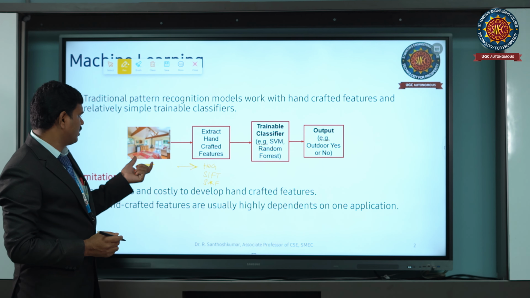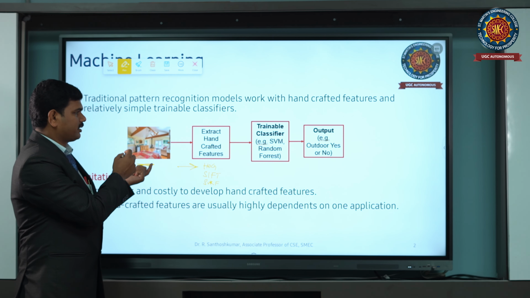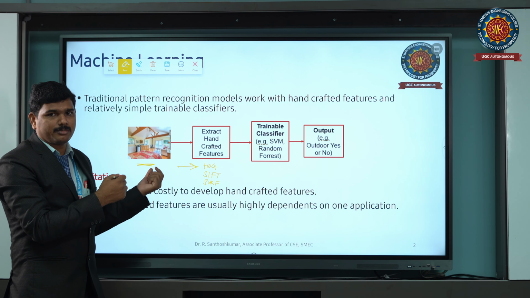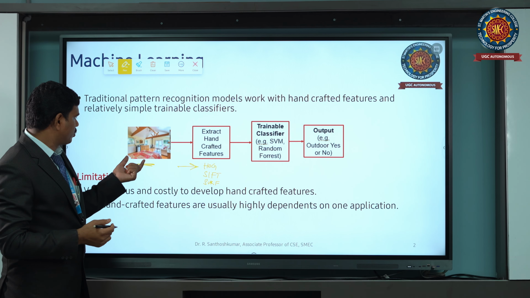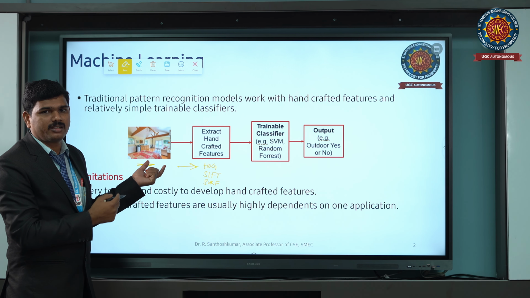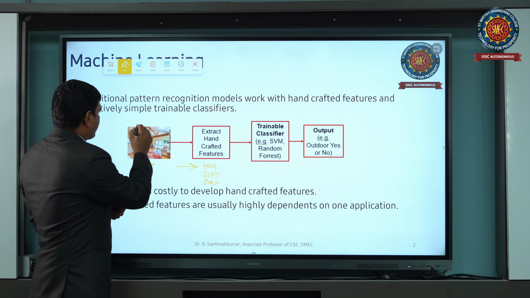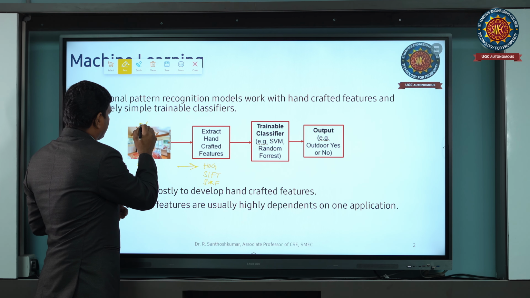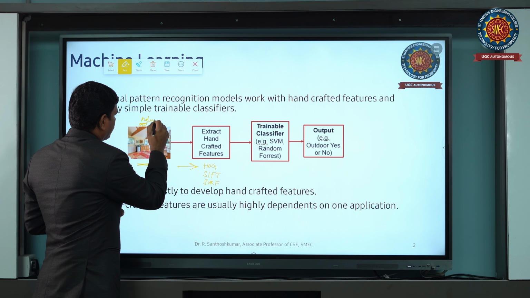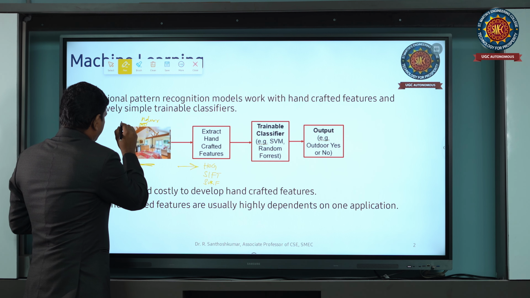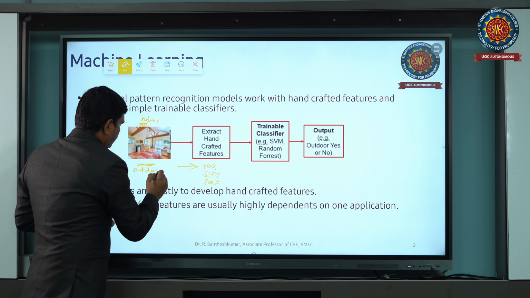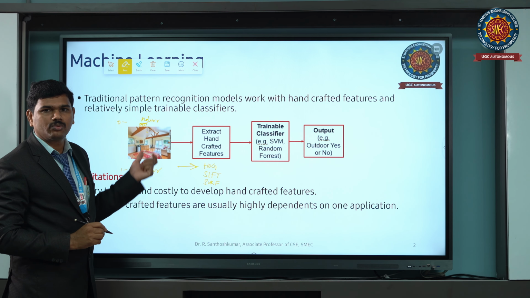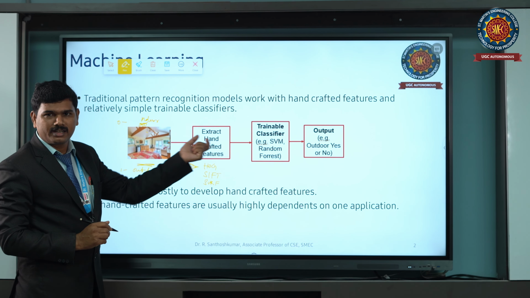Say for example, this is an image which is indoor. Now my problem is I am going to classify the image whether it is an indoor or outdoor image. So I am going to train the machine with both images. I can label one as indoor and one as outdoor. With these two labeled images, I am going to train my machine.